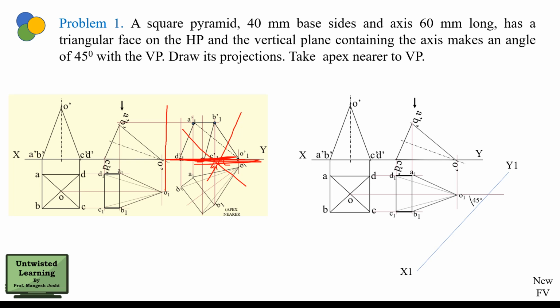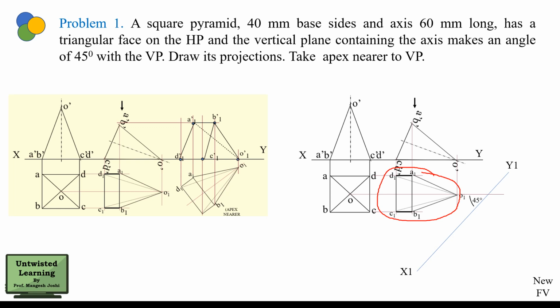I break up this XY line and I start X1 Y1, that is a new reference plane which is now inclined to the axis. Okay, now as you did previously, after drawing the line at 45 degrees, you drew the projection, means this top view is the same. You have just inclined the reference plane.